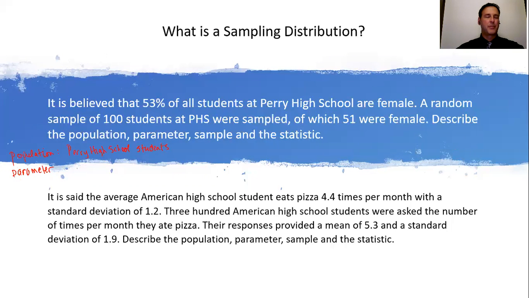When I think about a parameter, that's a number, or in this case a calculation, that represents this population, and my calculation is 53%. So I'm going to say that P is equal to 0.53, and I'm going to define P below it. P is the proportion of PHS students who are female.